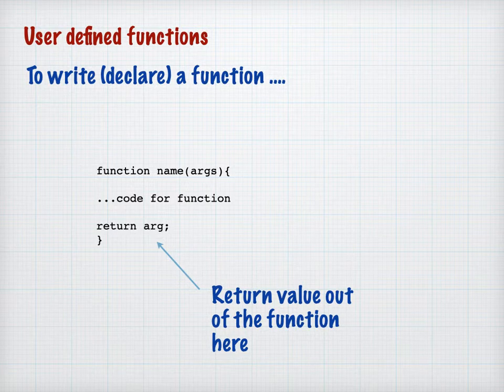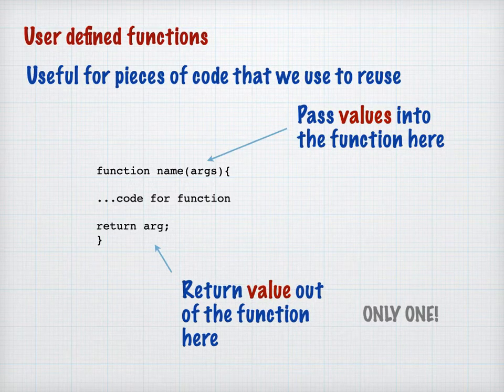Now, there's one thing to note here, which is you can pass as many bits of data as you like into a function, but with a function you can only get one value out, and that's quite important. We can't pass back lots of different values. We're just going to pass one value back.